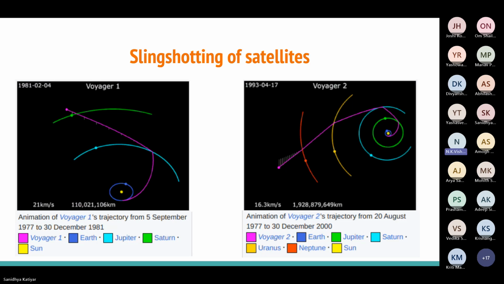So if we can time our satellite right, then we can give it a boost in the direction of the movement of the planet. Because in the planet's frame of view, we want to be moving at the same velocity. Now, Voyager 2 used even more planets, that is Jupiter, Saturn, Uranus, and Neptune, and this helped it go even faster while we are using the same amount of fuel. Next slide.